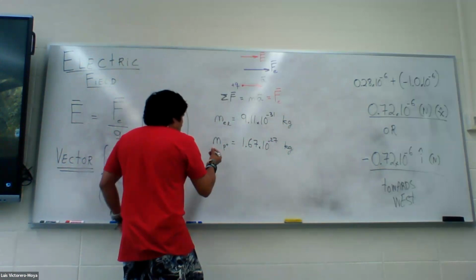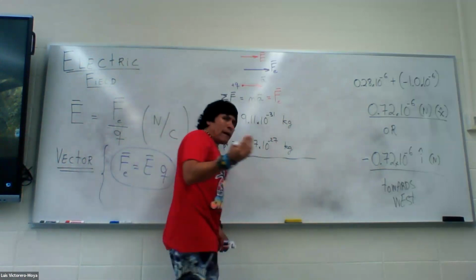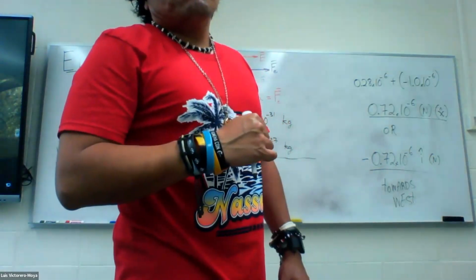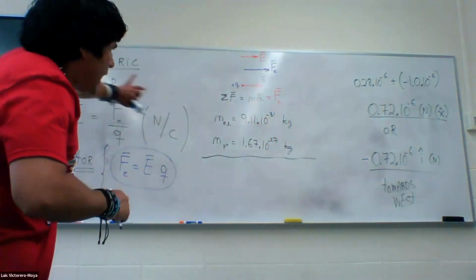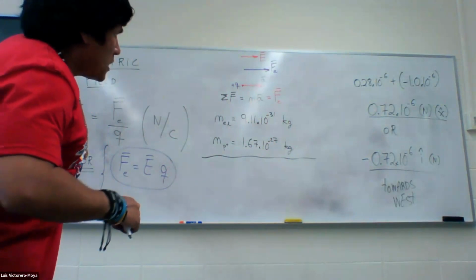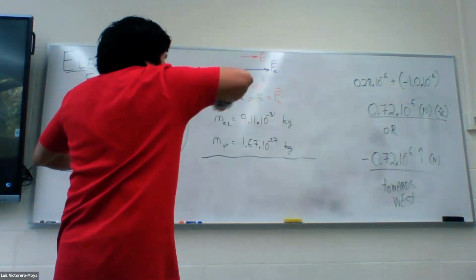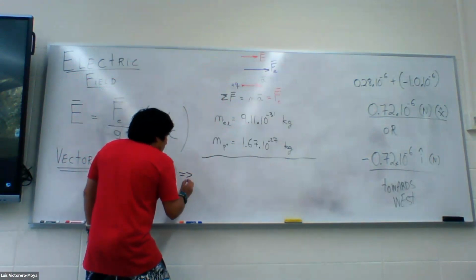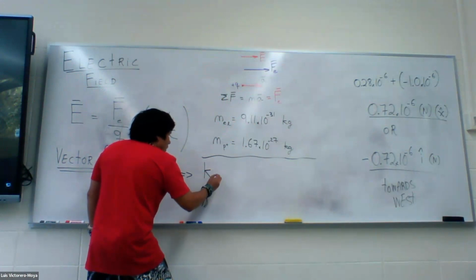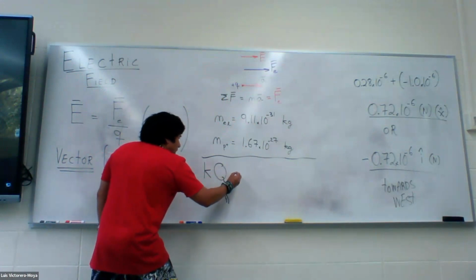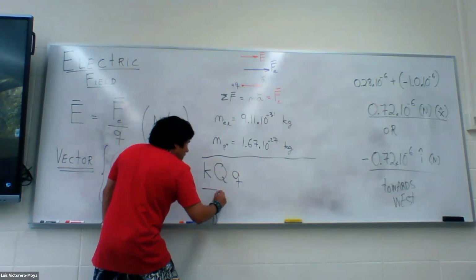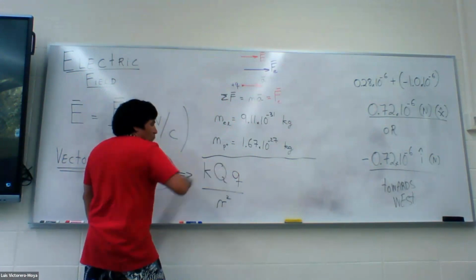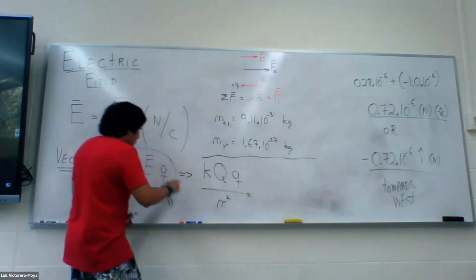Well, what's the value of the electric field by the source charge? The source charge is on the left and is giving this electric field. Well, we know that the electric force is equal to K, the source charge, the test charge, divided by some distance squared between these two. But wait a second though. That's equal to E times the test charge.